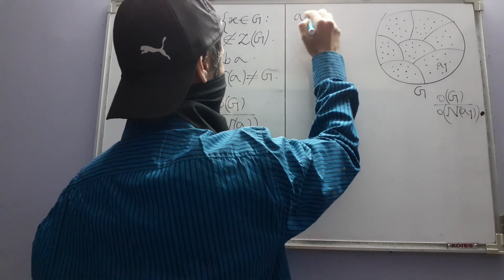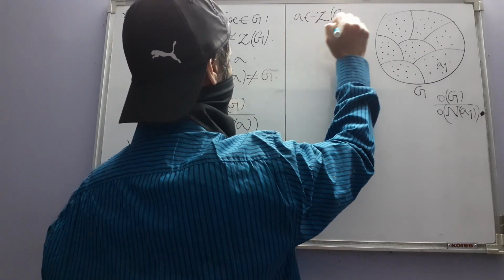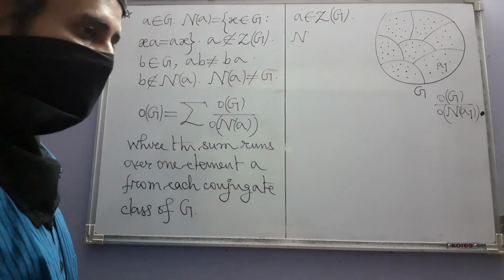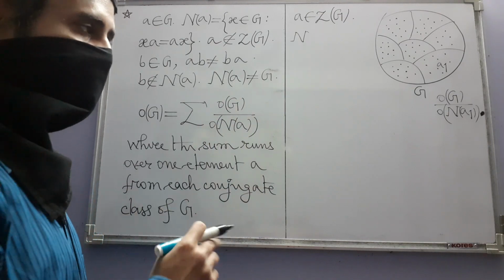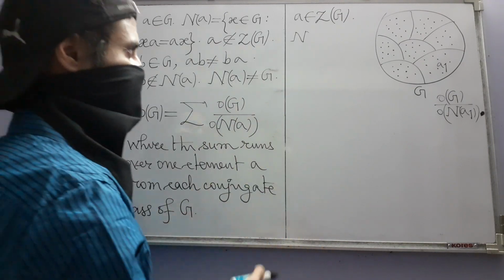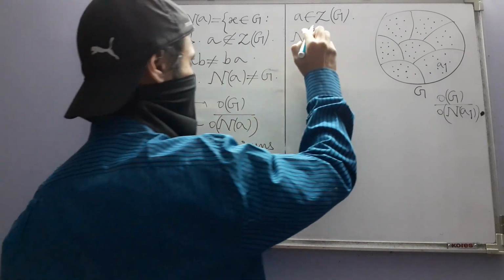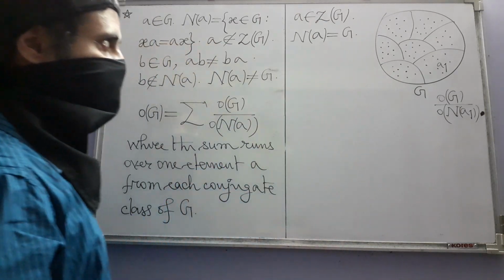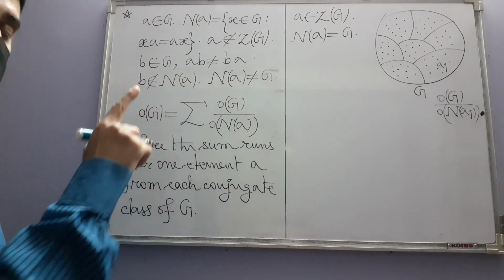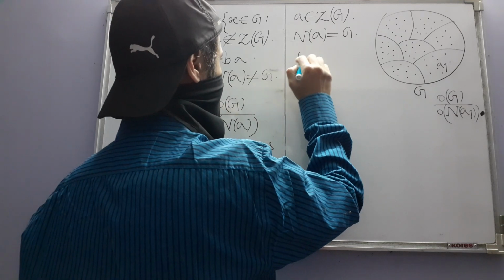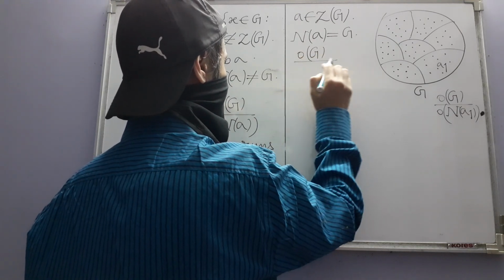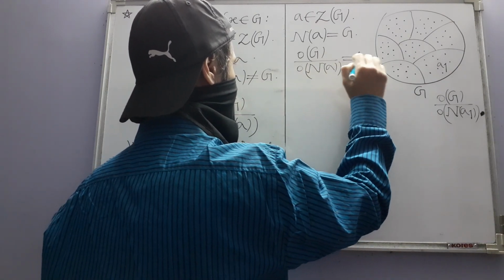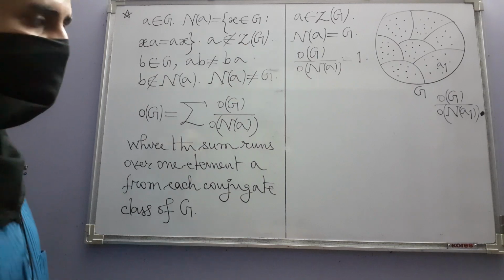If A is a central element, on the other hand, then A commutes with every element of G, or to say it somewhat differently, every element of G commutes with A. So that means the normalizer is the entire group G. So for such an element, this will be 1 because they are the same.